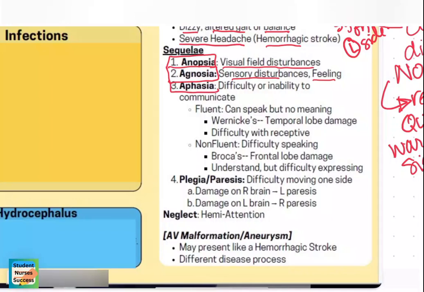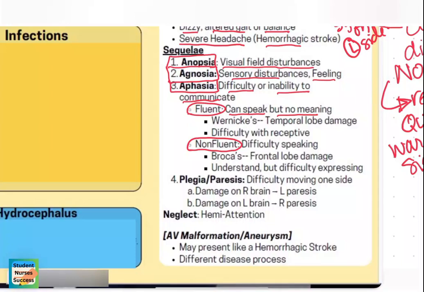Aphasia is a pretty common sequela of stroke. Aphasia is difficulty or an inability to communicate. Now, aphasia can be one or the other, or possibly both. Aphasia can be fluent or non-fluent. Fluent aphasia means they can speak, but what they're speaking doesn't make any sense.